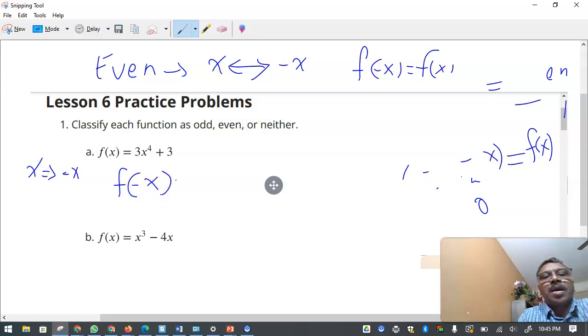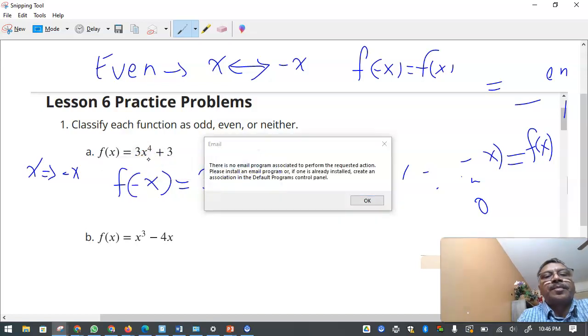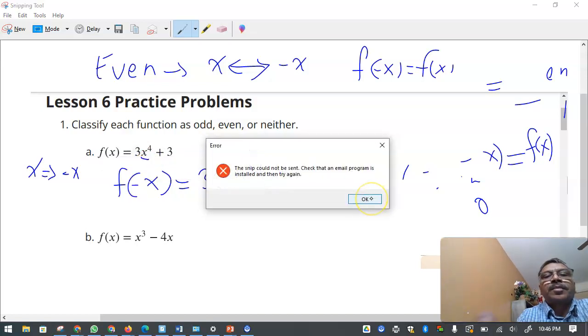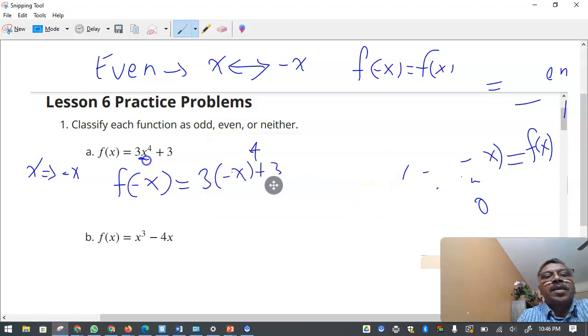Replace x by minus x: 3 times minus x raised to 4, plus 3. So this x is replaced by a minus x, and when you work it out, you get 3 times minus x raised to 4. What is minus x raised to 4?